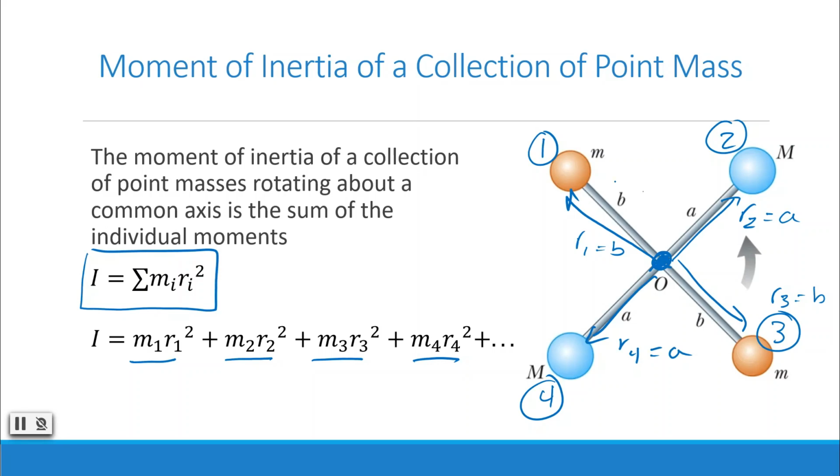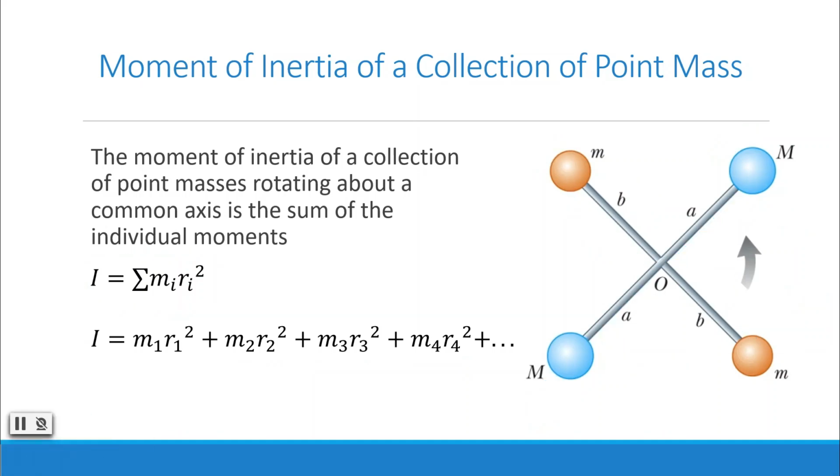And here it's nice, the values they gave us for length are the same thing as the axis of rotation. But remember, you can change your axis of rotation. For example, instead of using point O here as the axis of rotation, what if my axis of rotation was where that mass was located? Well, then this mass would have an R equal to 0. So it wouldn't have any rotational inertia.